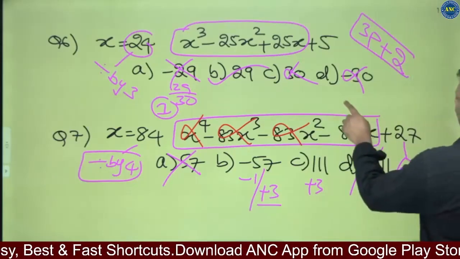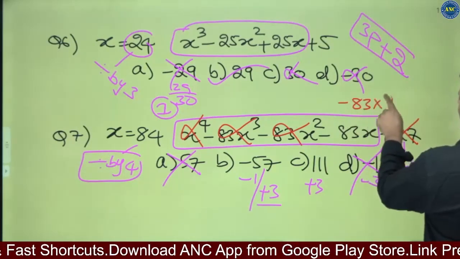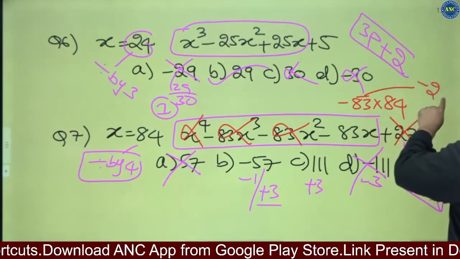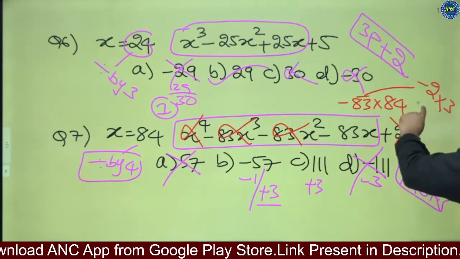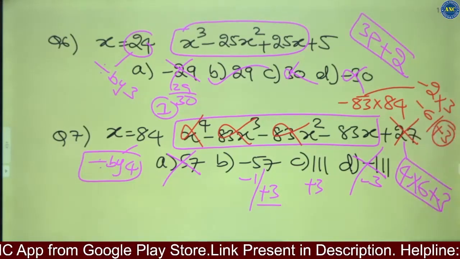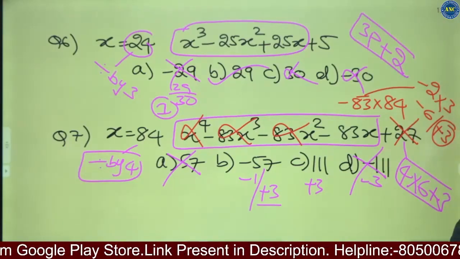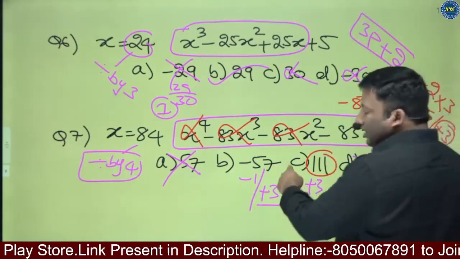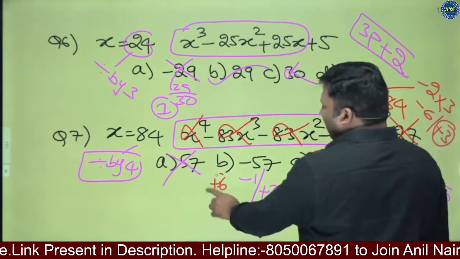So here I got 27, it is 9, minus 83 into 84. 8 plus 3, 11, means 2. 8 plus 4, 12, means 3. Minus 6. That means the answer's digital sum should be 3. 111: digital sum is 3. 5 plus 7, 12, it is 3. Minus 3, the digital sum will be plus 6.